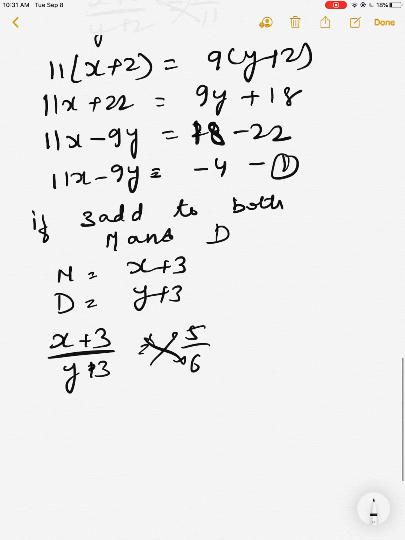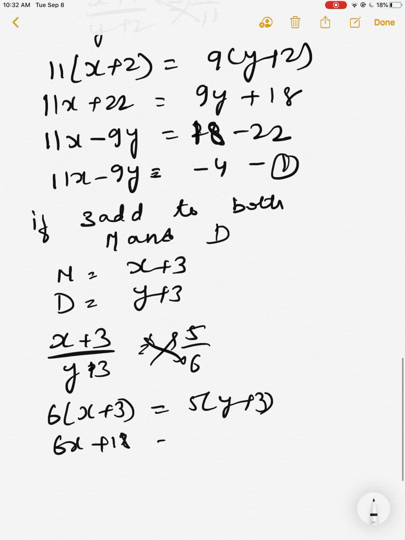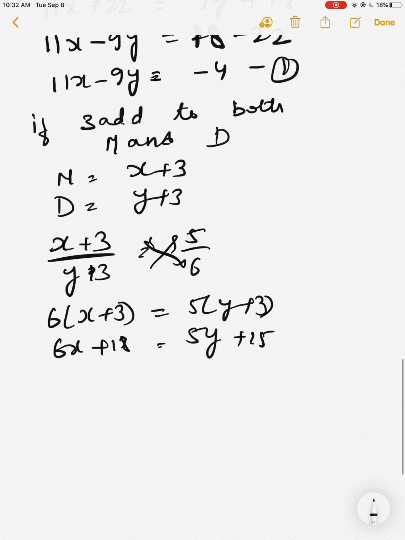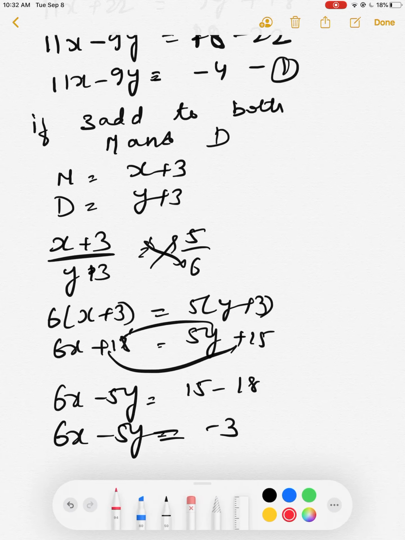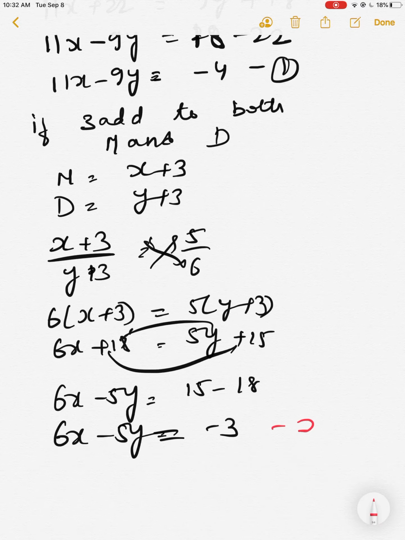Again cross multiplication. 6 into x plus 3 is equal to 5 into y plus 3. 6x plus 18 is equal to 5y plus 15. 6x minus 5y is equal to 15 minus 18. 18 goes to this side and 5y will be brought to this side. So 6x minus 5y is equal to minus 3. Okay, this is the second equation.